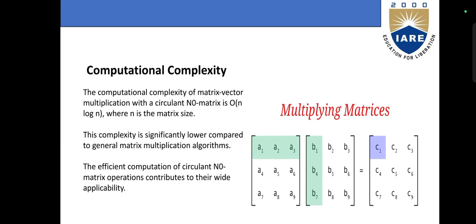Multiplying matrices A1 to A9 and B1 to B9 gives C1 to C9. The colored ones are A1, A2, A3 in the first row, and B1, B4, B7 in the first column, giving C0, C1. These are the computational complexity.